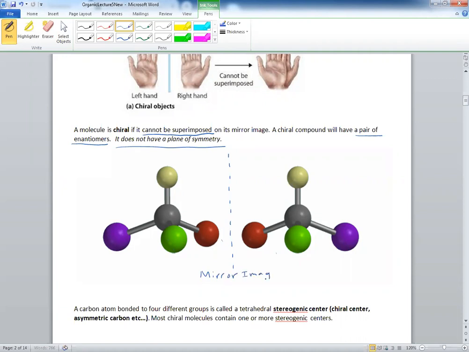But the question is, do they superimpose? So these mirror images, the key here is that they are not superimposable. That's the key word, superimposable.